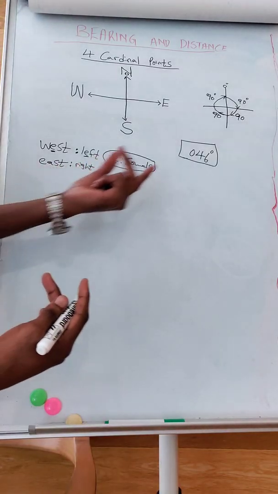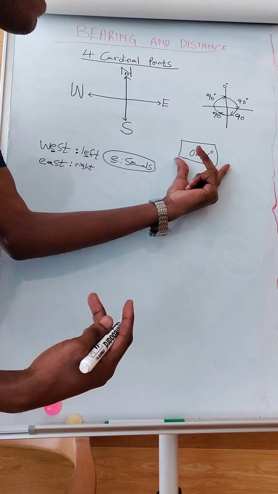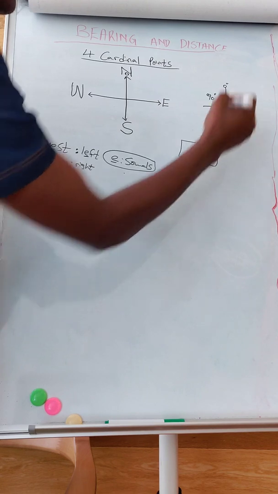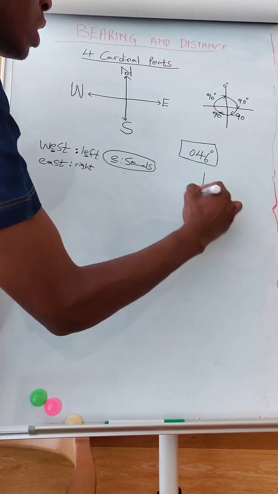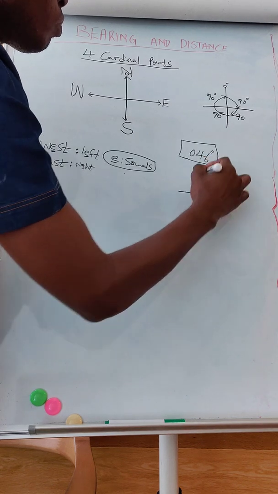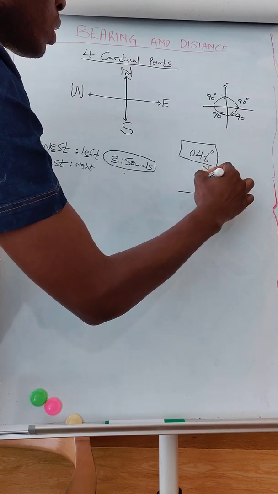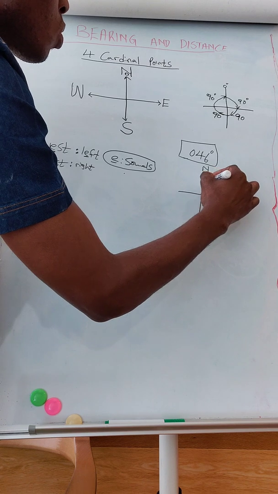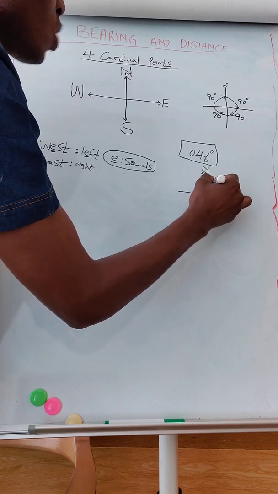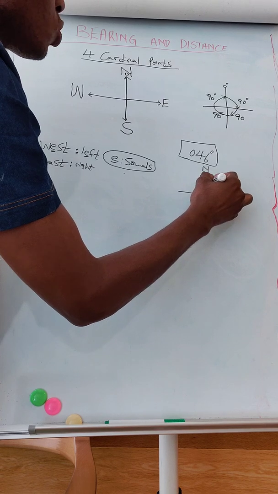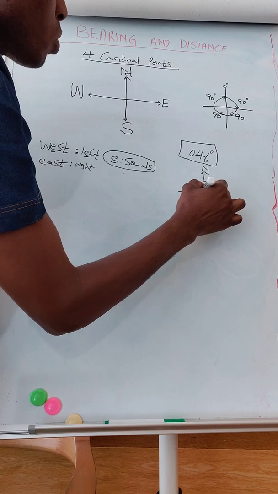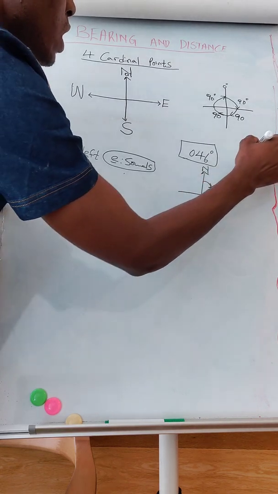So another thing you have to take note of: how do we get this? So that means 046, we start from the north. This is 0, so it will be around here. You stop around here, and from this middle point, draw a line like this.